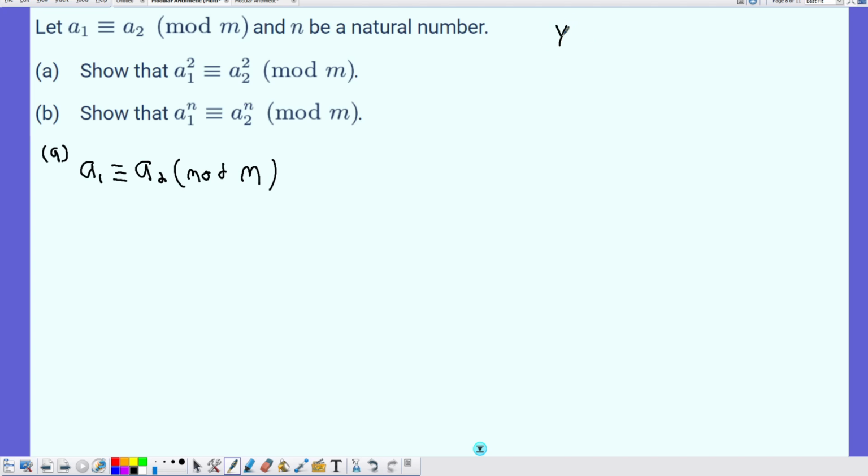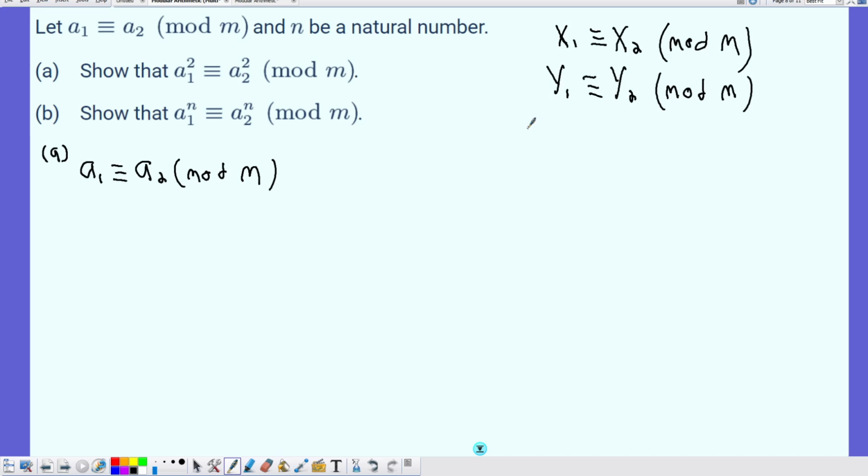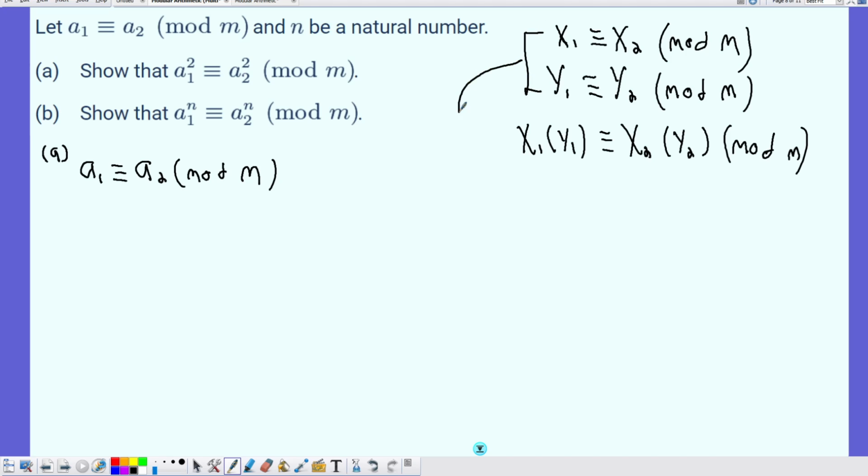So I'm going to say x1 is congruent to x2 mod m, and y1 is congruent to y2 mod m. Then their products are congruent as well. So x1 times y1 is congruent to x2 times y2 mod m. So if these are true, then we get this.